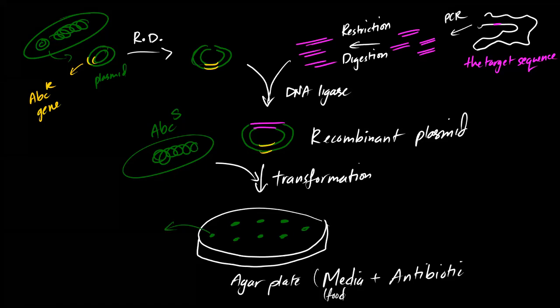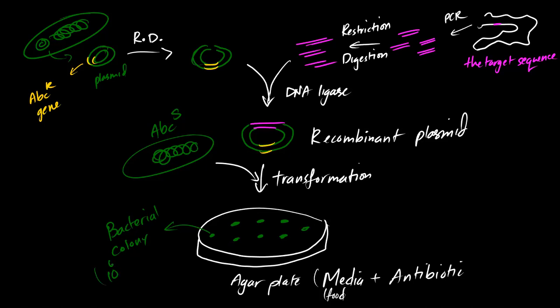So this is a bacterial colony, which contains millions of bacterial cells. All these colonies consist of millions of bacterial cells.